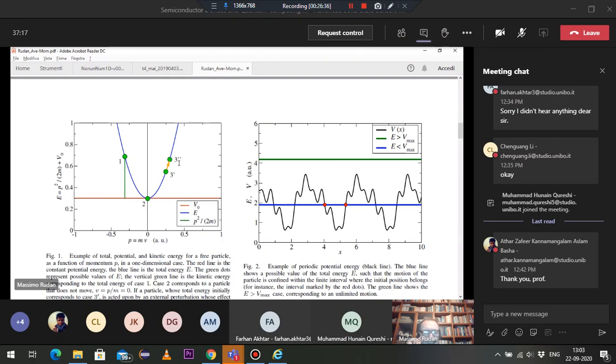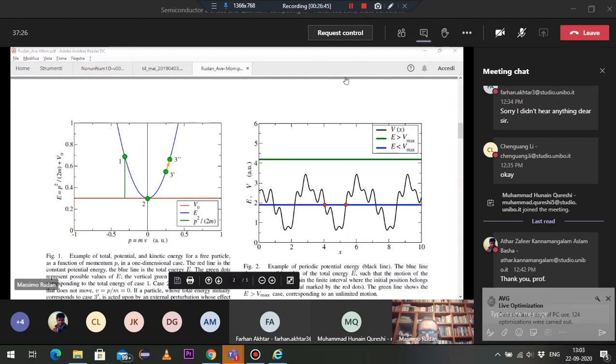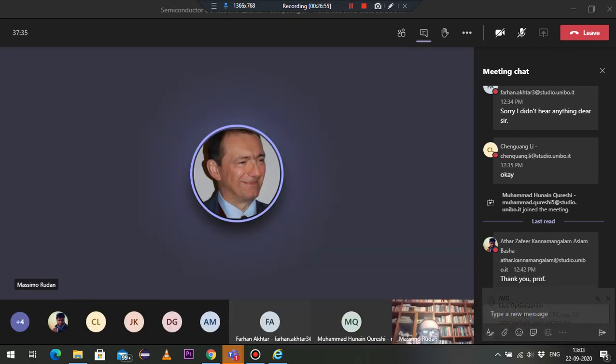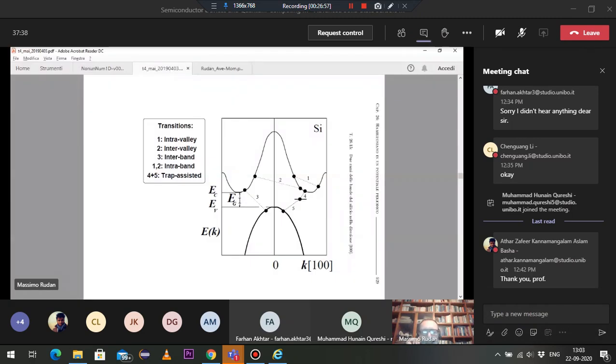So this happens identically also in the description using the branches here, because what is different is simply the form of the relation between energy and momentum, but the physics describing it is the same.